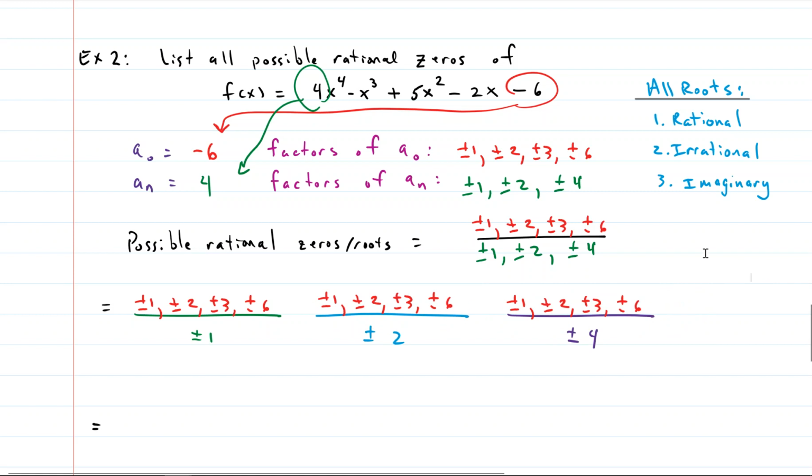Now we just have to build a list. So let's start. We do the same thing we did in the last example. A little tedious, but you know, that's life, right? So plus or minus 1 over plus or minus 1, which gives us just plus or minus 1. Next option, those two, that gives us plus or minus 2.